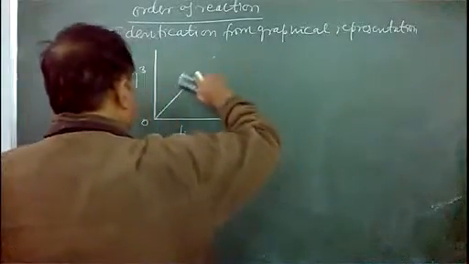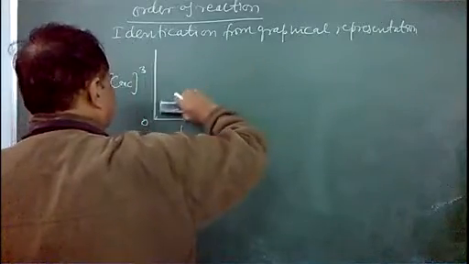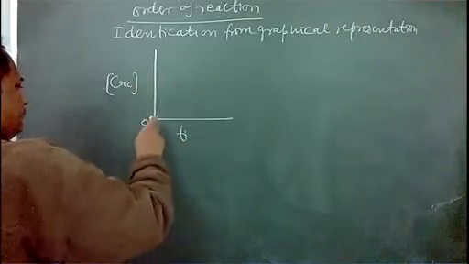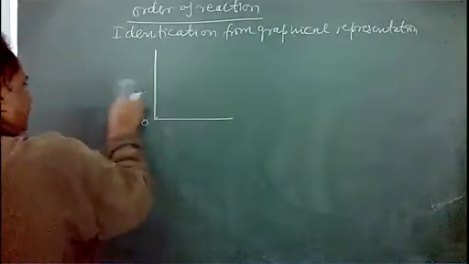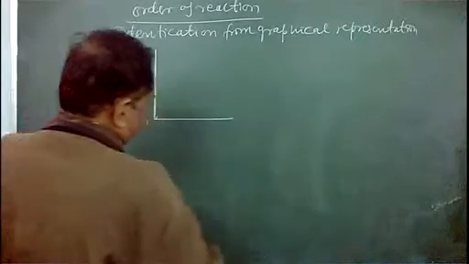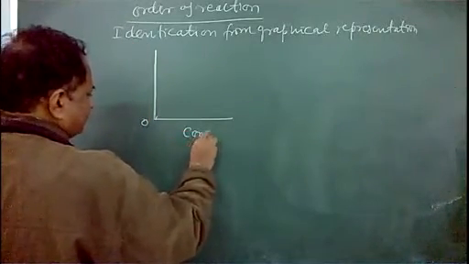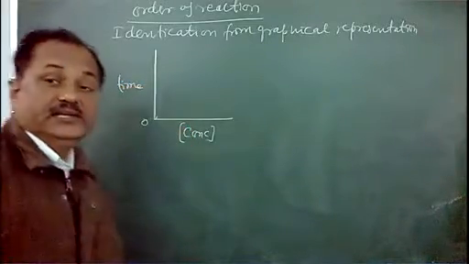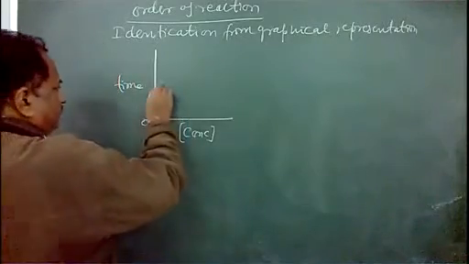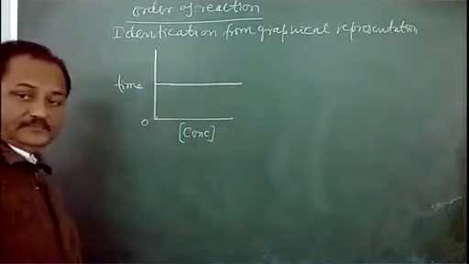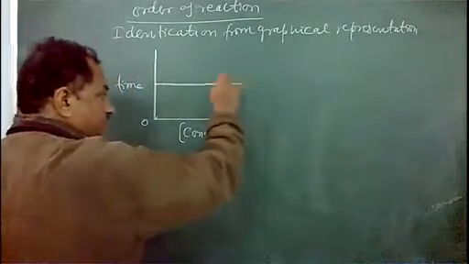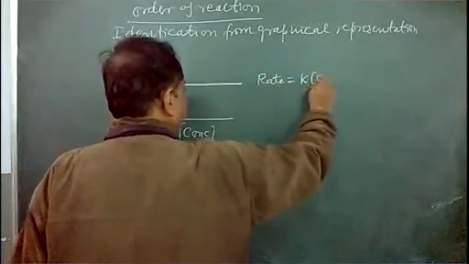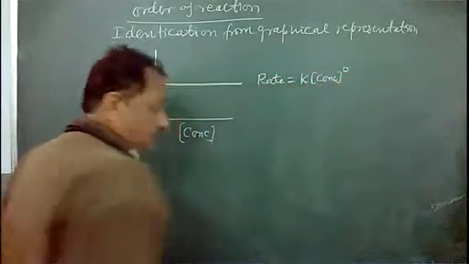Now if in a graphical representation, on this axis there is concentration and here there is time, and it is a straight line, it means the order is equal to 0.